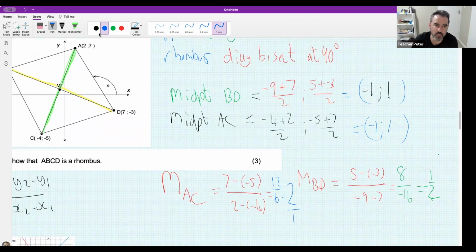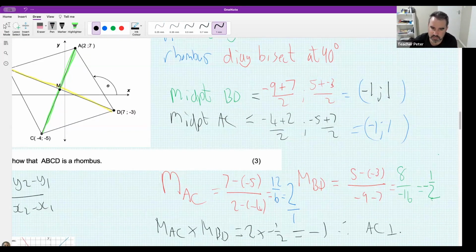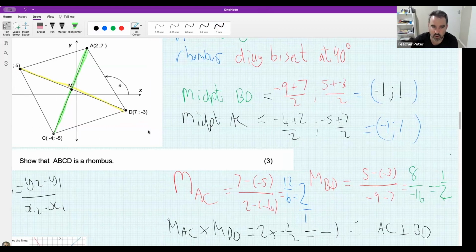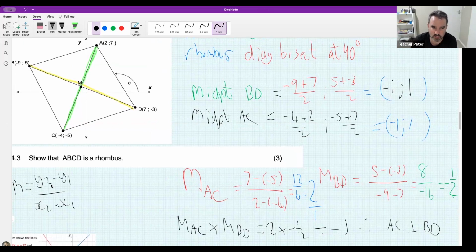So if you multiply the gradient of AC by the gradient of BD, which is just 2 times minus a half, you get minus 1. And therefore, we know that AC is perpendicular to BD. Now, this is fantastic news because you have now shown that the diagonals cut each other in half, and they do so at 90 degrees.